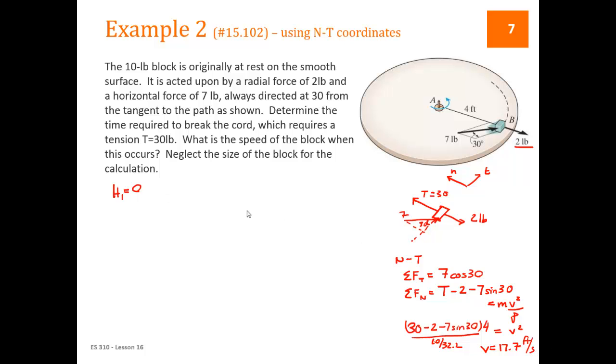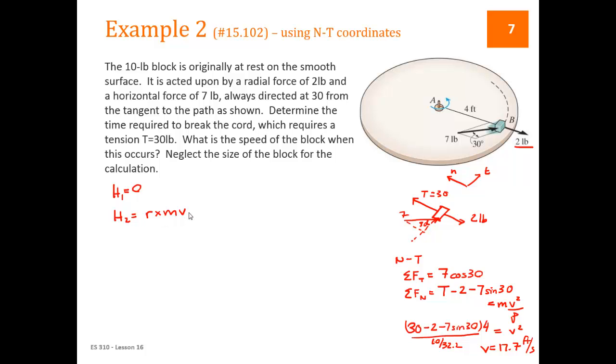So that gives us enough information to find the final angular momentum, right? The final angular momentum is r crossed with mv. Well, r crossed with v normal is going to be 0, right? Because they're in the same direction.